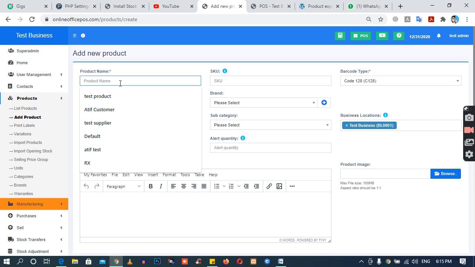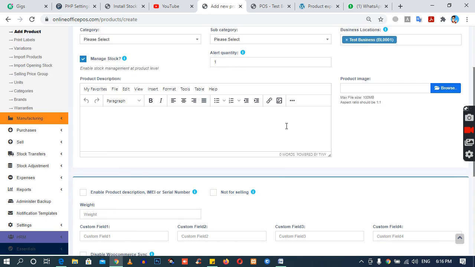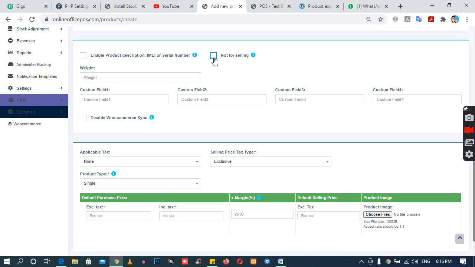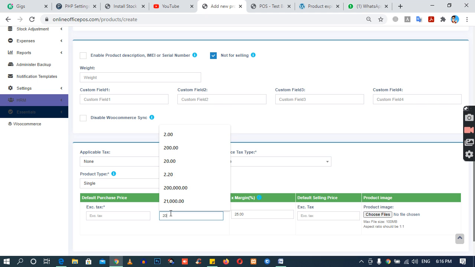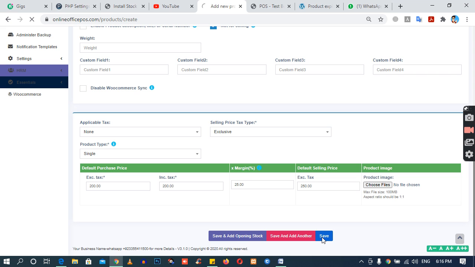One more product. Let me add a laptop body, for example. It is not for selling. The price is 200 and the selling price, for example, 250, and we save it.